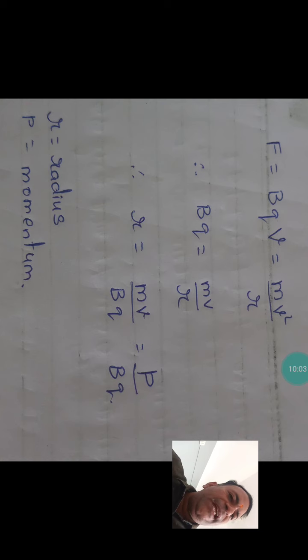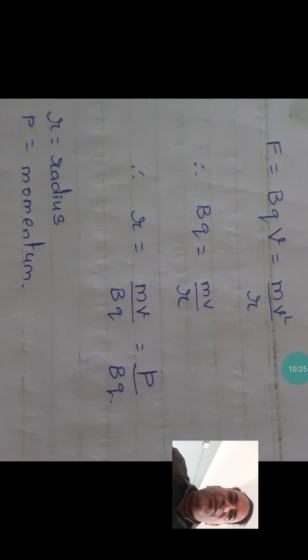Force is equal to B into Q into V, or Q into V into B. Now, what is this force doing? This force is moving the charged particle in a circular path. If it is moving the charged particle in a circular path, that means this becomes what? This becomes centripetal force. Magnetic force becomes centripetal force.